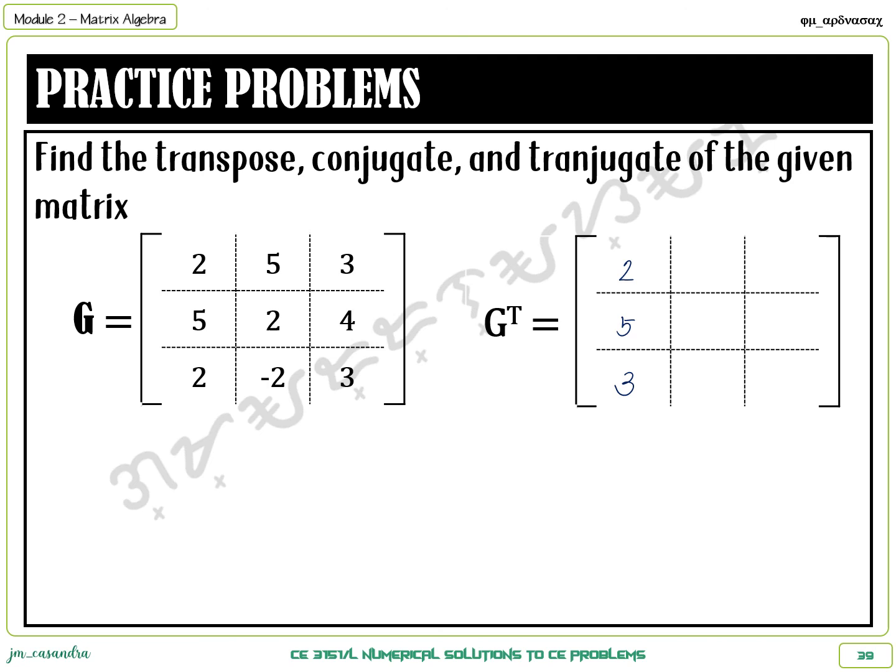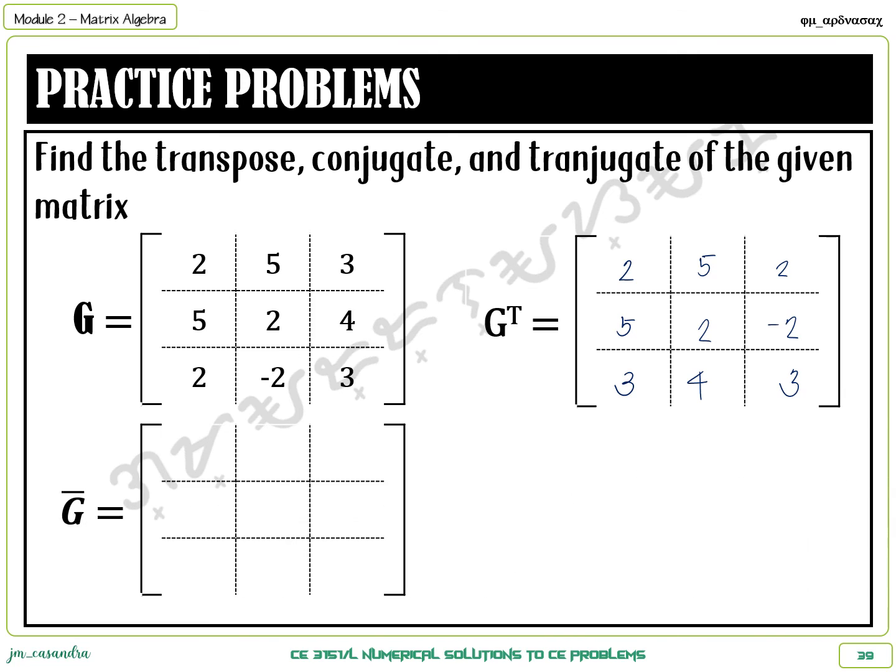And then we have your second row becoming our second column, that is now 5, 2, and 4. And our third row becomes our third column, so that is now 2, -2, 3.